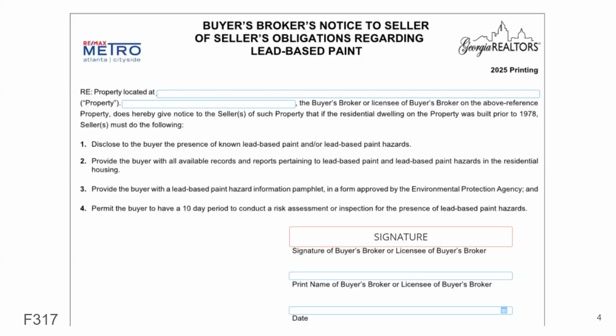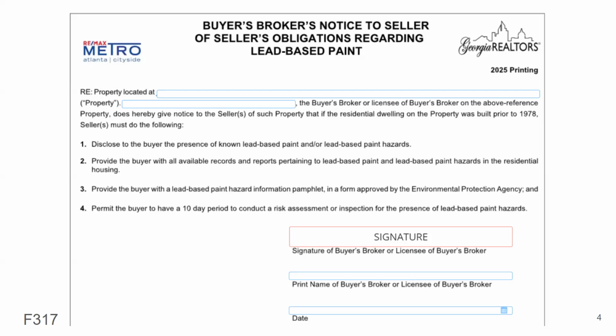Some buyer's agents were and continue to initial that, but don't use this notification form. So it doesn't make sense to put your initials on the exhibit if you haven't sent this notification.